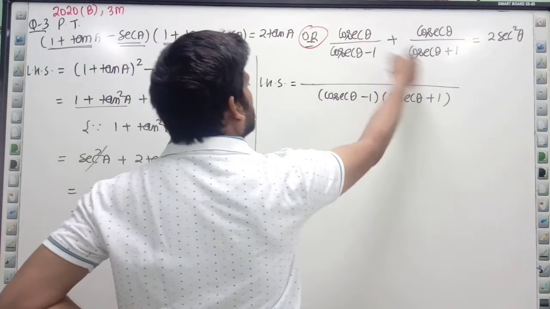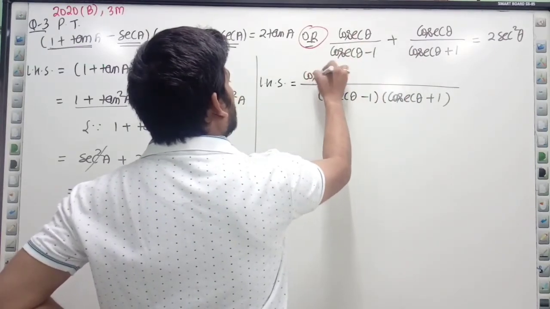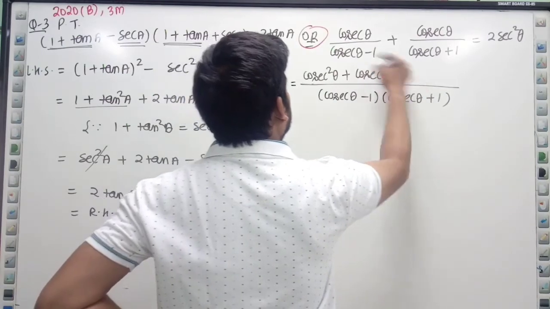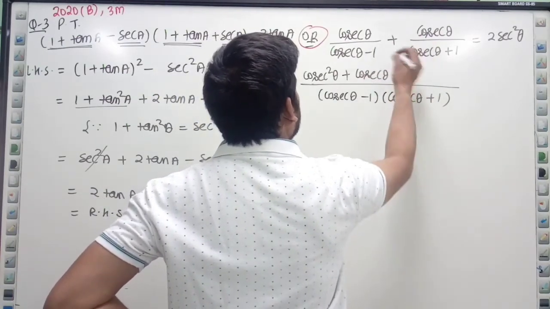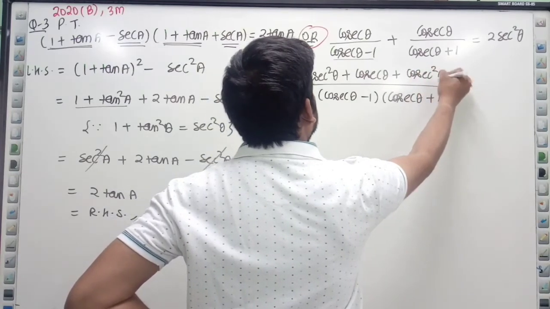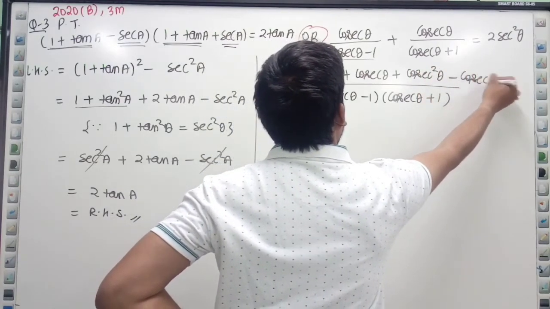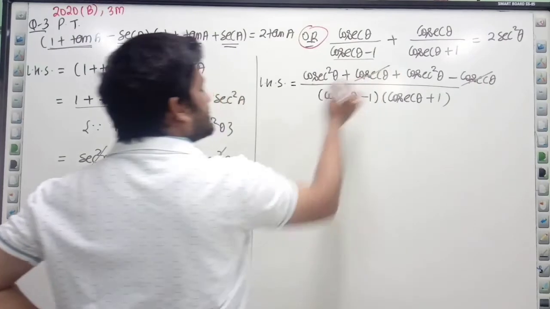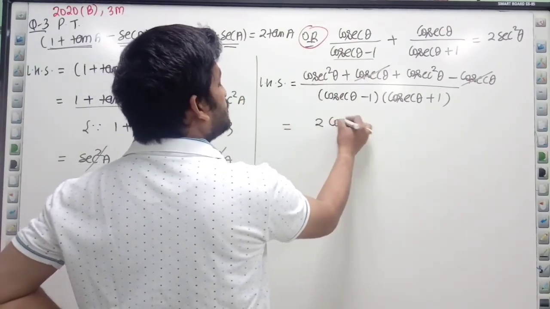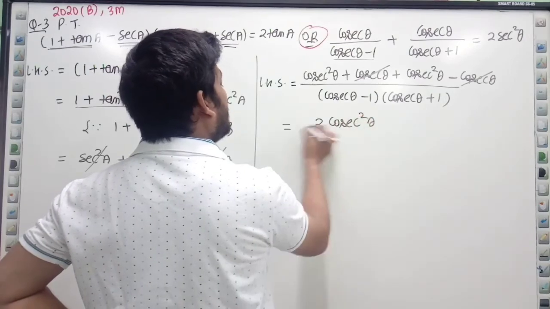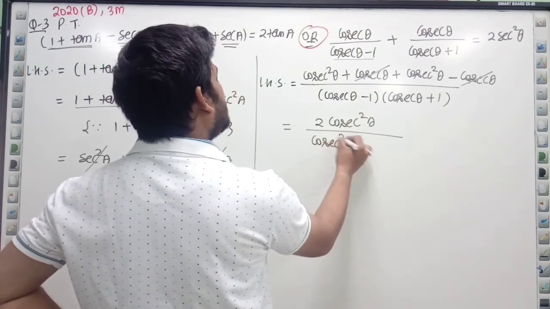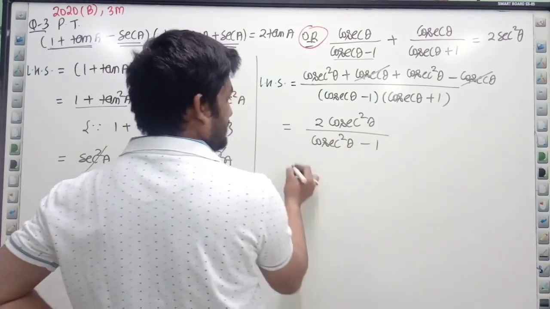Now multiply cosec plus 1: cosec square theta plus cosec theta. Multiply this, cosec multiplied by both: cosec square theta minus cosec theta. This cosec theta will be cancelled out. 2 cosec square theta upon (a plus b)(a minus b), a square minus b square.